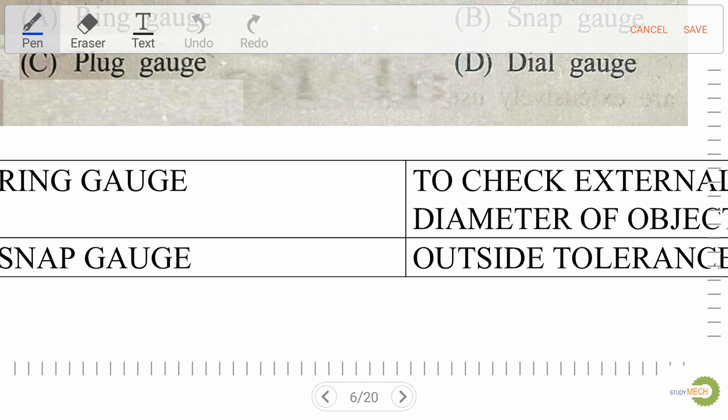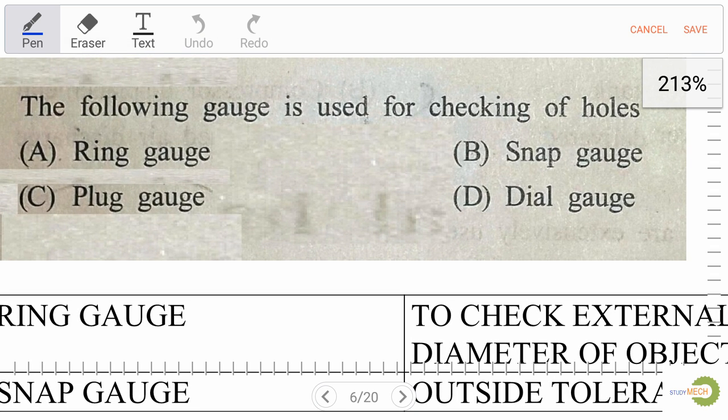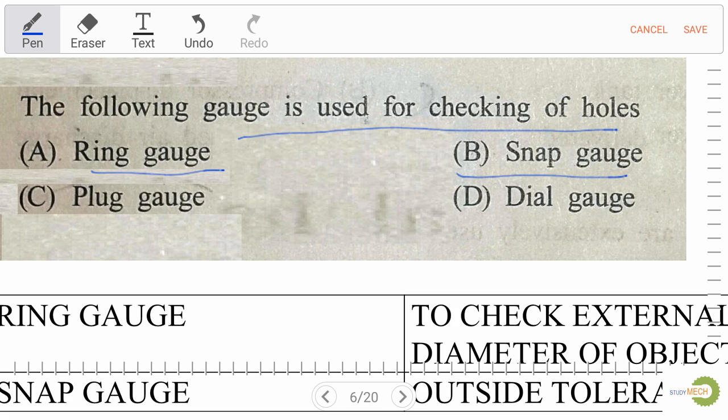Now let's move to the next question. The following gauge is used to check holes. Option A ring gauge, option B snap gauge, option C plug gauge, and option D dial gauge.